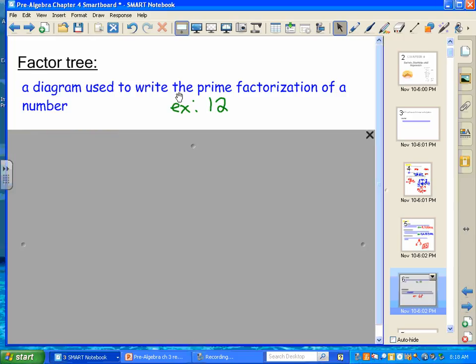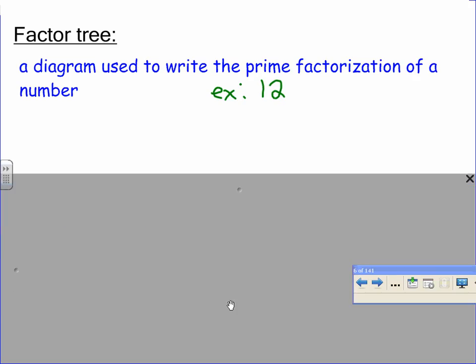If you use a different method, feel free to use that, but I am going to teach it by factor tree just because that's typically the most commonly used, and to me it's the most straightforward method. But you can use any method that you've learned in the past if you like it better. So if we make a factor tree for 12, you could start 12 as 4 times 3 or 6 and 2, it doesn't matter.